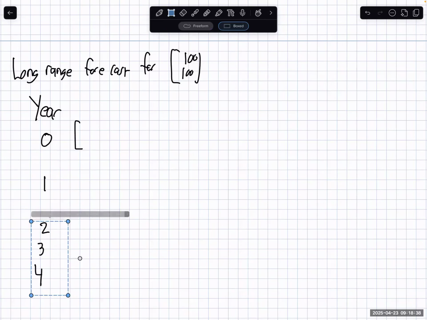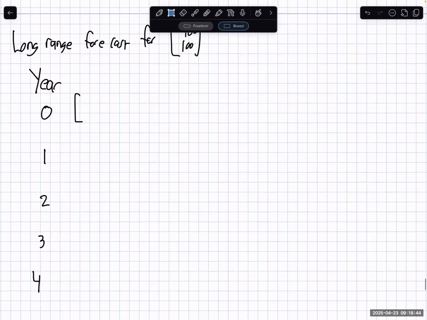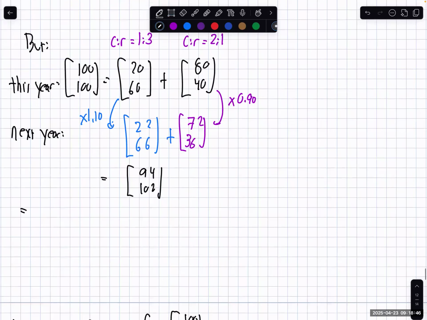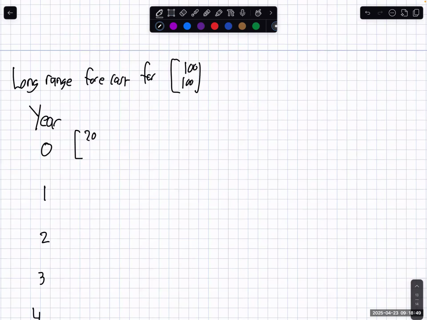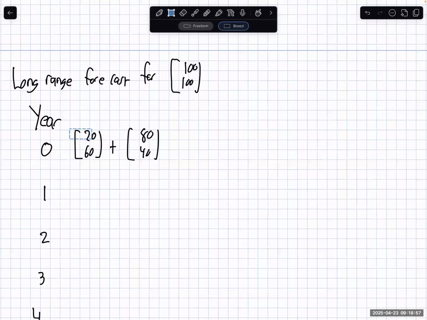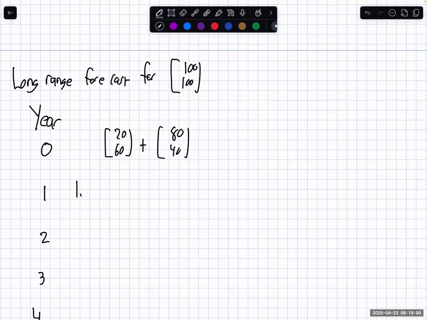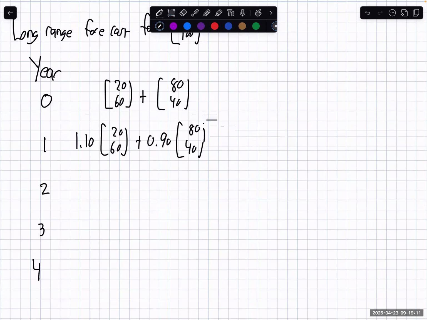Write it this way. I think I'll have enough room here. Okay, so I'm going to split it up into the 20/60 and 80/40. And then as we go to year one, the 20/60 part increases by 10%, and the 80/40 part decreases.